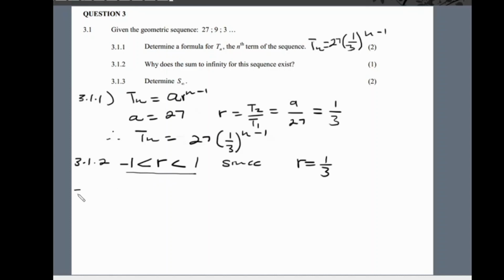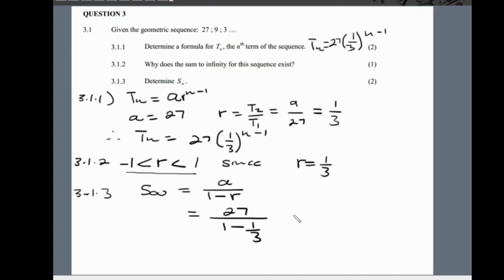And then 3.1.3, they want us to calculate that sum to infinity. The formula is S infinity equals a over 1 minus r, right? In our case a is 27 and r is 1 over 3.